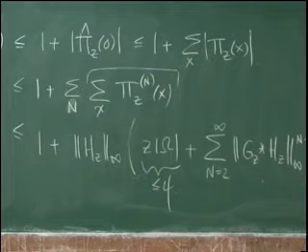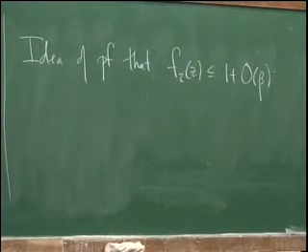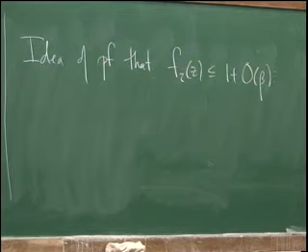All right, so finally, the idea of the proof that F2 of Z is less than or equal to 1 plus order beta. I won't go into complete detail here, but you can get the idea from the following.